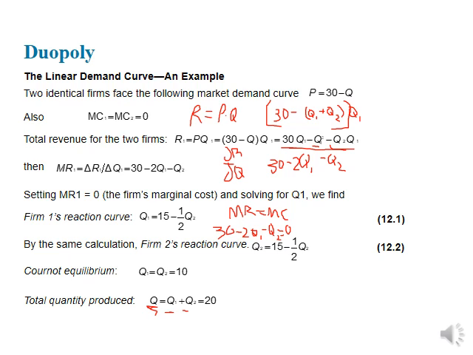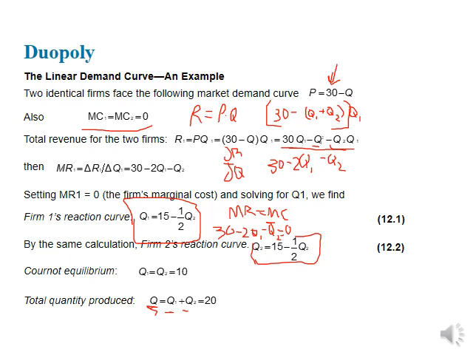From here, since firm 1 is taking firm 2's production as given, we can solve for Q1 as a function of Q2, which we have here. We'll note that since firms have equivalent marginal cost curves, and they face the same market demand curve, their reaction curves are equal. So by the same math, Q2 equals 15 minus 1/2 Q sub 1.